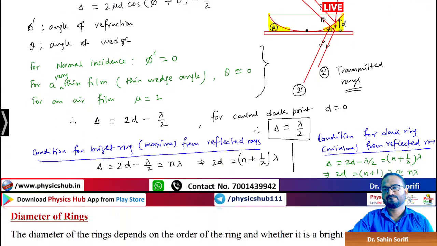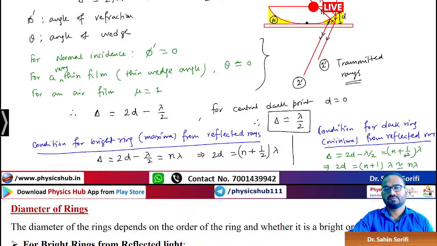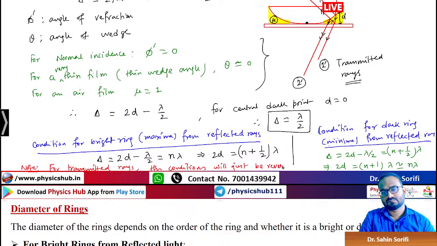I don't have space here, so you can note it somewhere: for transmitted rays, the condition will just be reversed.